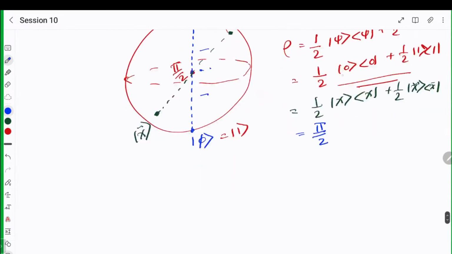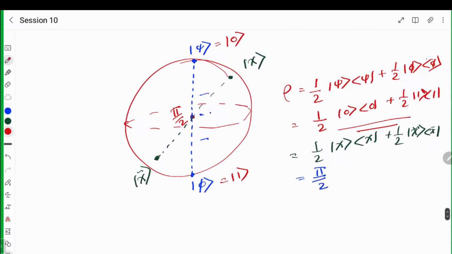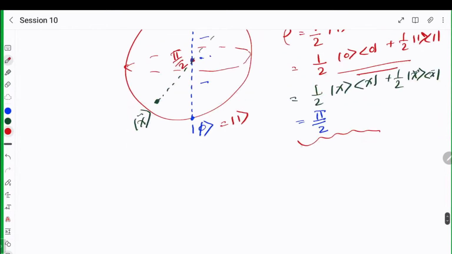So this I by 2 is a special state, because it does not have a unique orthogonal representation; it has an infinite number of orthogonal representations.